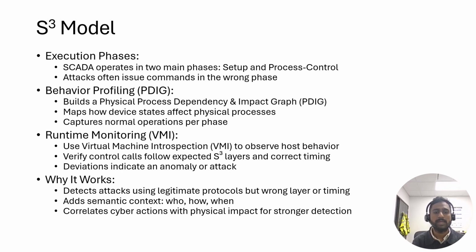They look at the execution in 2 phases, as I mentioned. One would be the setup, like initialization, opening the sockets, OPC tag browse, and the other one is the process control. And so using the PDIG, they're able to compare and analyze with the S3 model when traffic looks out of order or abnormal for the current process control phase.